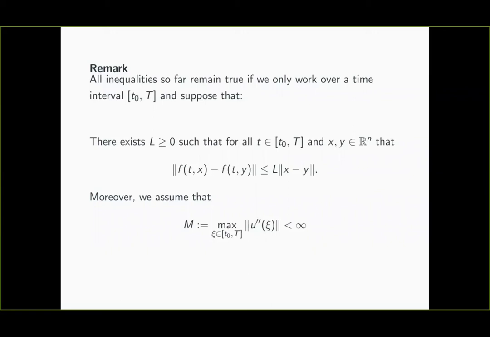We need to slightly modify our two assumptions on the right-hand side f and the second derivatives of u. Namely, in this more general case with a finite time interval, we assume that there exists a non-negative number L, such that for all times t from this time interval, and for all x and y, the Euclidean distance of f(t,x) and f(t,y) is bounded from above by L times the Euclidean distance of x and y.